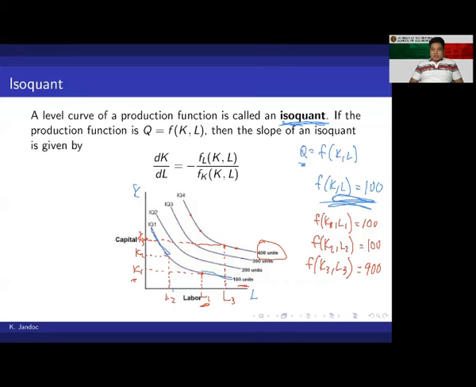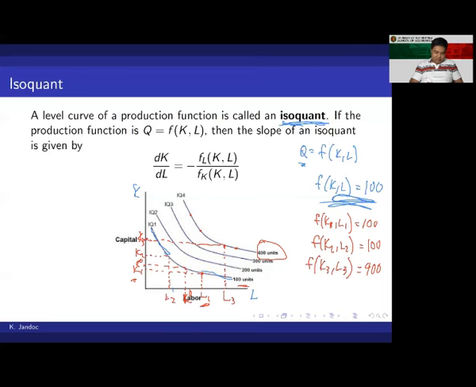Now, the question is, what is the slope of these isoquants? What is the slope of this isoquant at some point, at this point (K0, L0)?